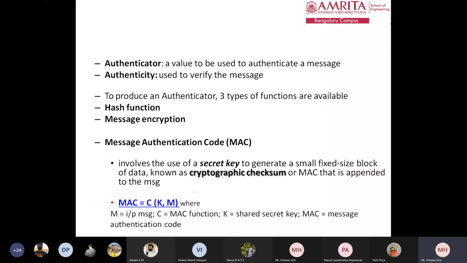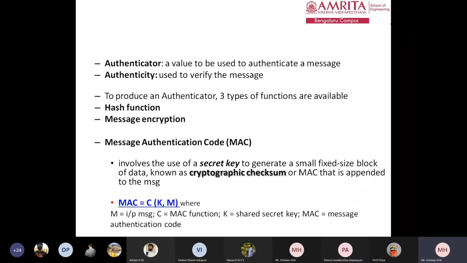You can see here what is MAC. So you have a key, you have M. What is M? Input message. What is C? MAC function. And what is K? Shared secret key. Is that clear? MAC is message authentication code. MAC is equal to C of K comma M, where C is the MAC function, that means an algorithm.